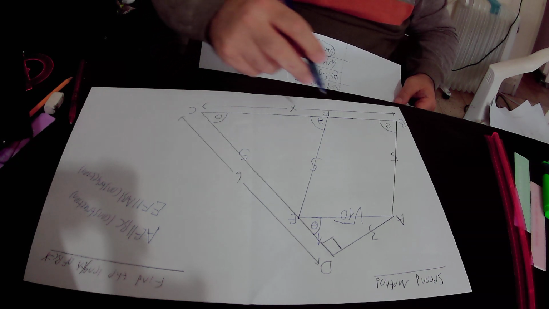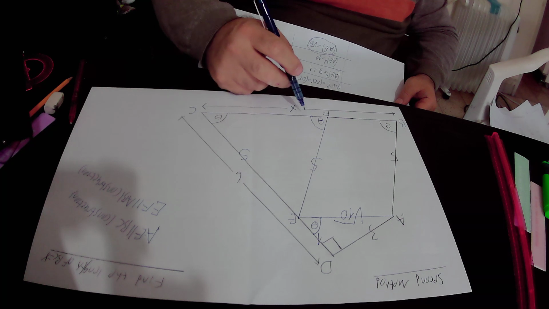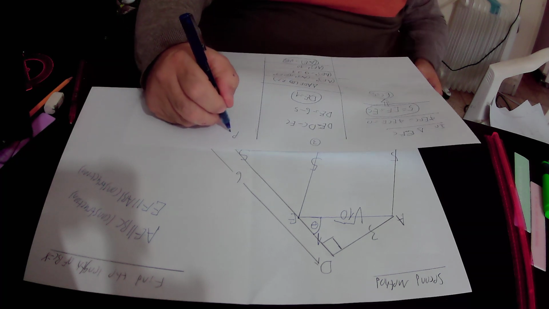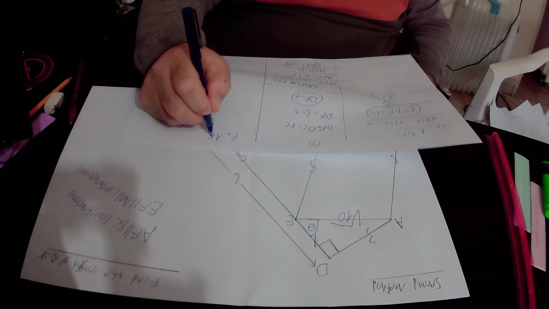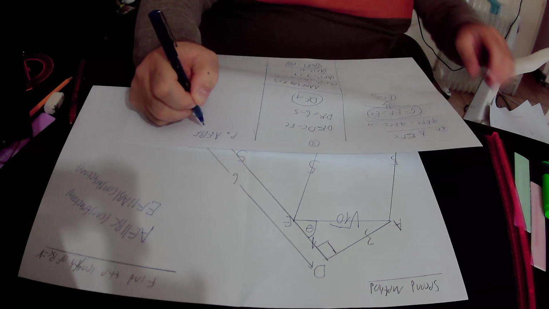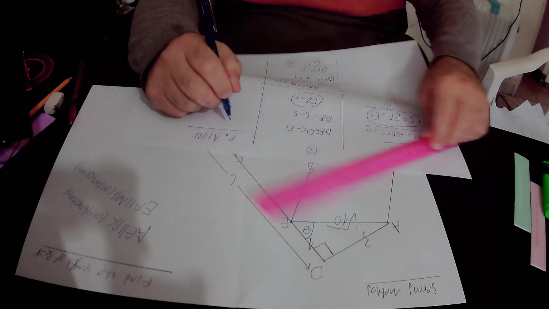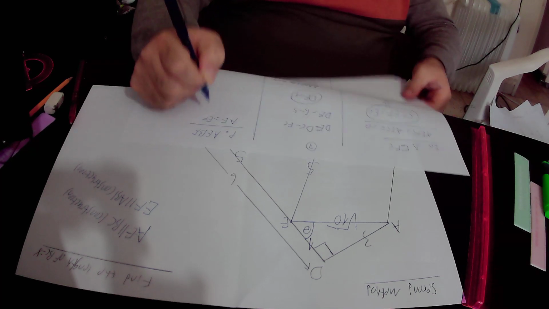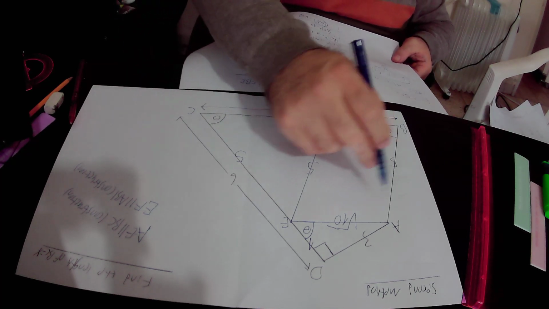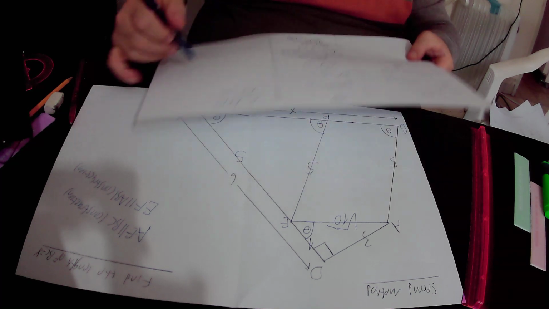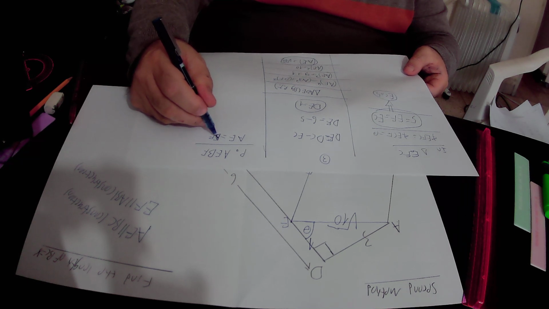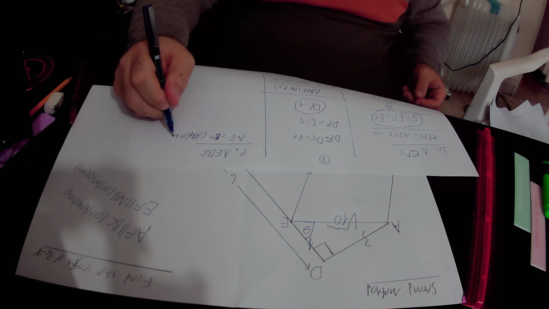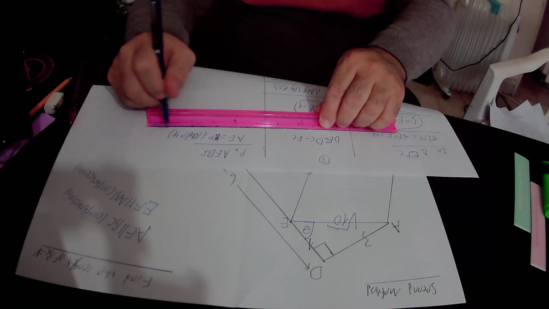So in parallelogram AEBF, AE must be equal to BF, according to rule number 4, that the opposite sides of a parallelogram are equal to each other.